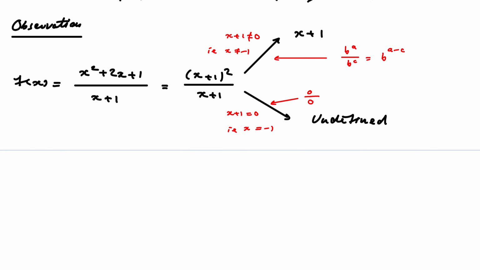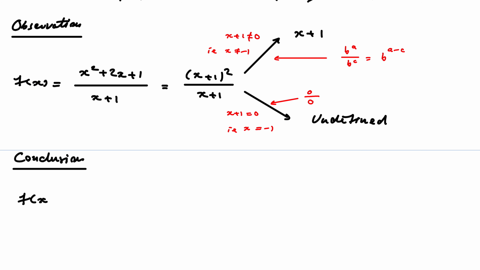So like I said, we saw this in the very first video on functions, where I talked about the idea of equality between two functions, when two functions had to have exactly the same domain. So it's incredibly tempting to think that this rational function is the function x plus 1, but there's a big difference. The big difference is it's not defined at minus 1, whereas x plus 1 is defined at minus 1.